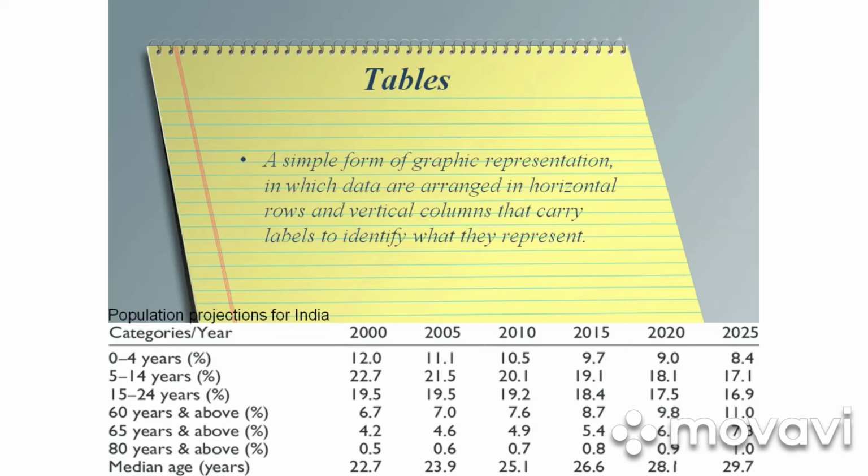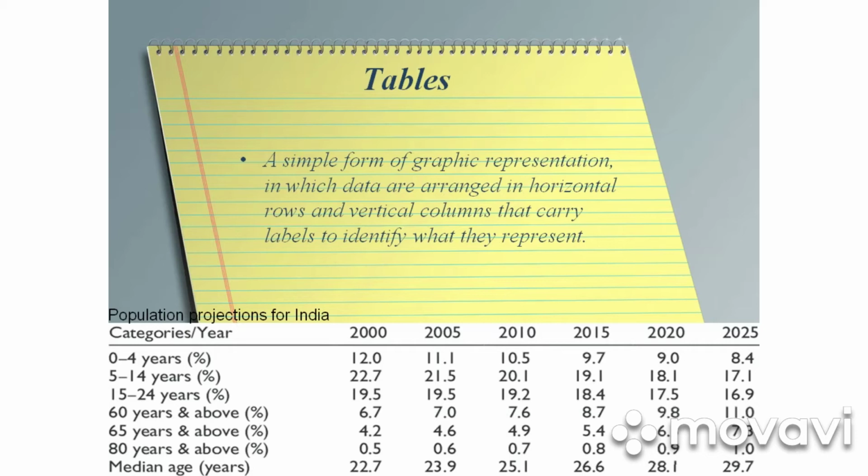Next, tables, a simple form of graphic representation in which data are arranged in horizontal rows and vertical columns that carry labels to identify what they represent. For instance, here we can see population projections for India, with categories: year 2000, 2005, 2010, 2015, 2020, 2025.